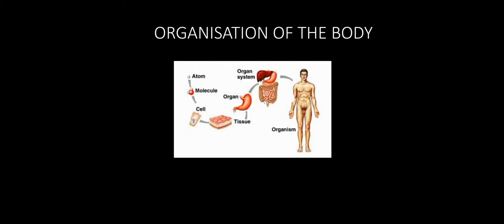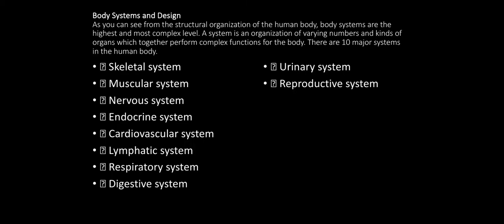First an atom, then a molecule, which forms a cell, a tissue. If you remember in the previous video, we talked about how many cells form tissues and then tissues to an organ. An organ, we have an organ system, then we have an organism, which is the human body.